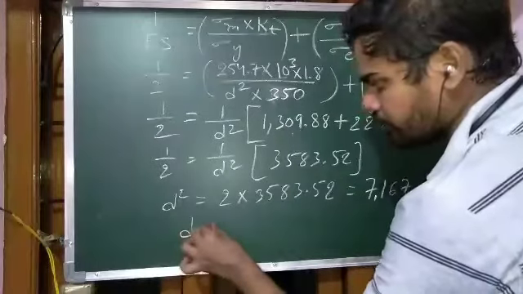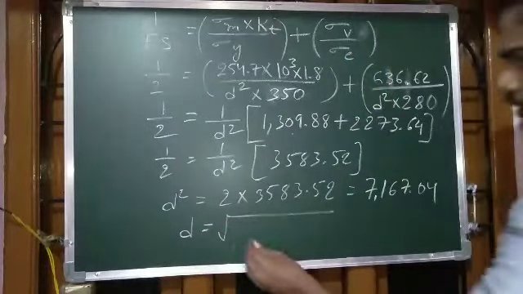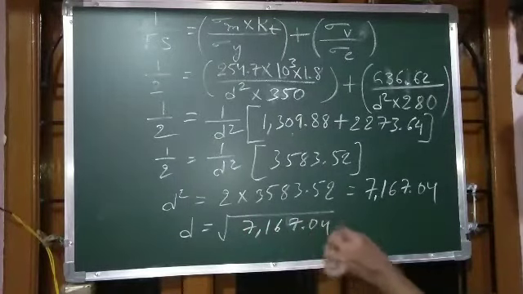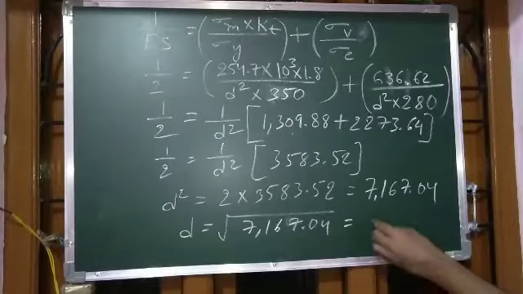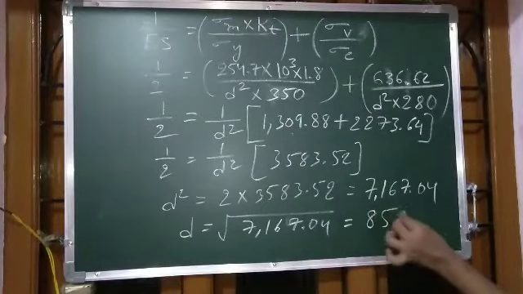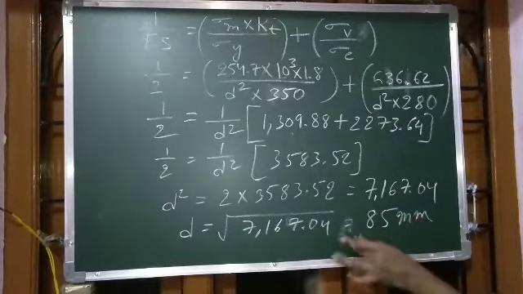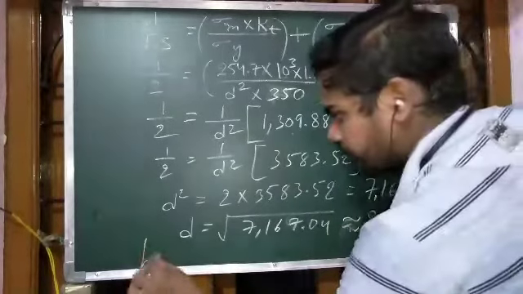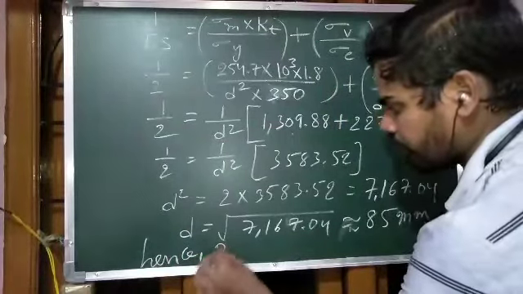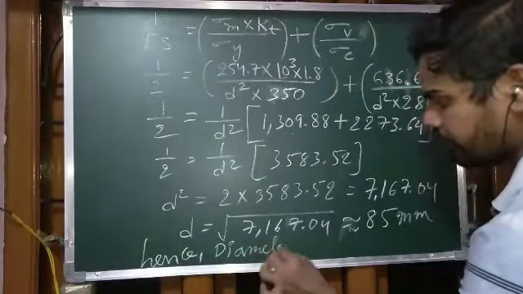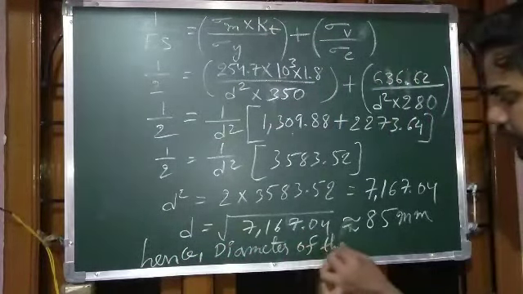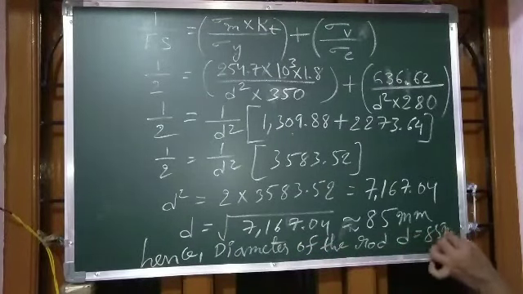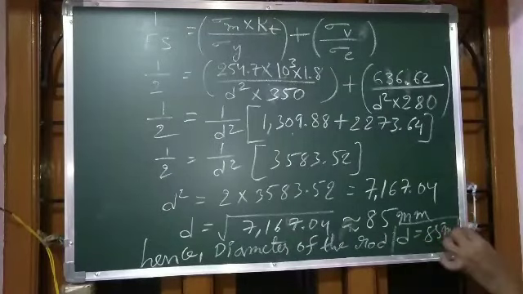Now d is equal to root over 7167.04, and the diameter of the rod d is nearly equal to 85 mm. Hence the diameter of the rod d is equal to 85 mm based on Soderberg.